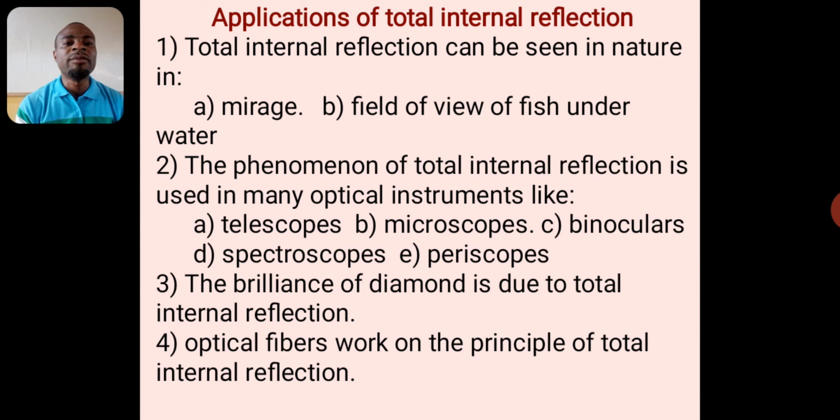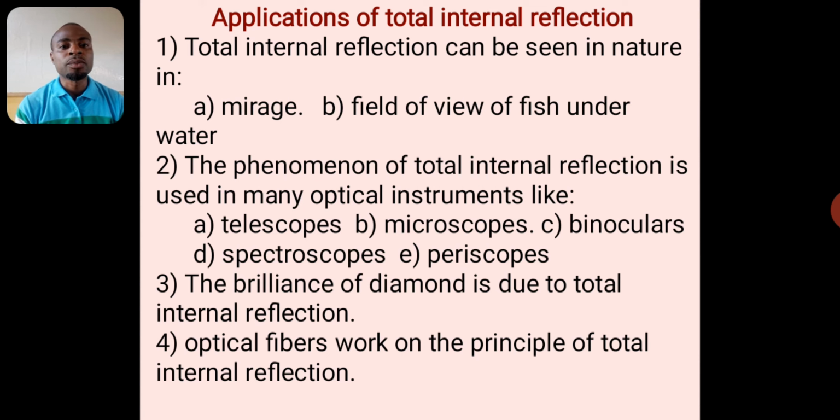Also in nature, we have the field of view of a fish underwater. A fish underwater is able to see objects on the surface of the water through total internal reflection.